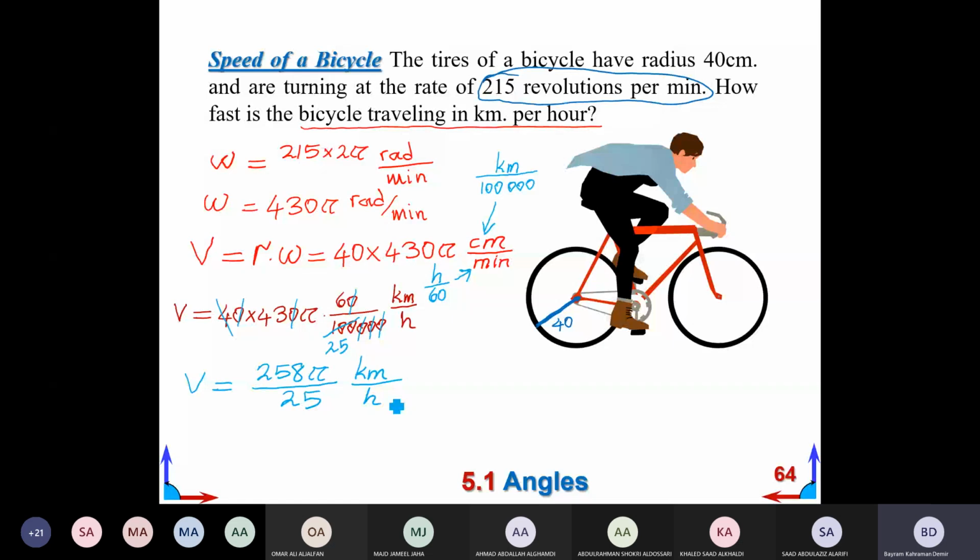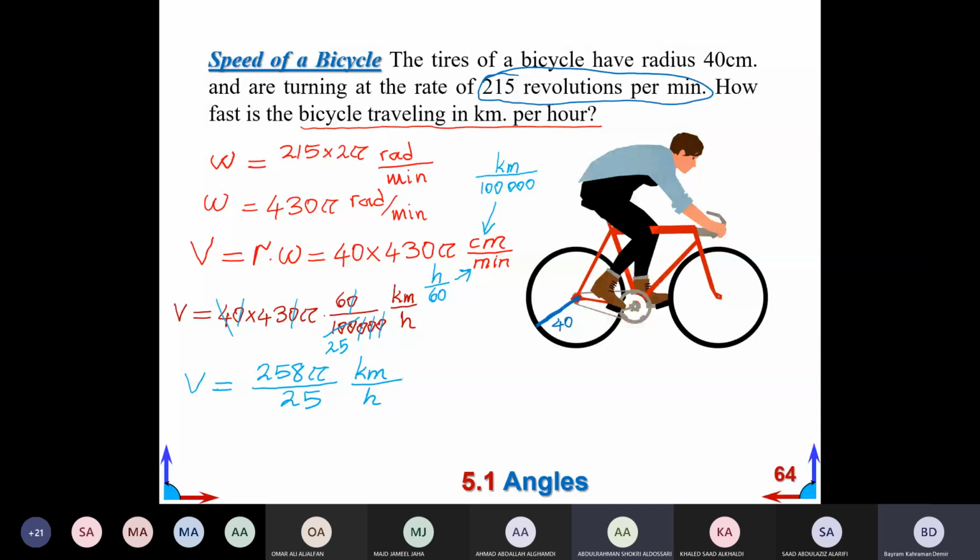258 times pi divided by 25. Well, we can look at approximately how much. So let me multiply 258 by pi. Pi is 180 degree, right? Yes, right.